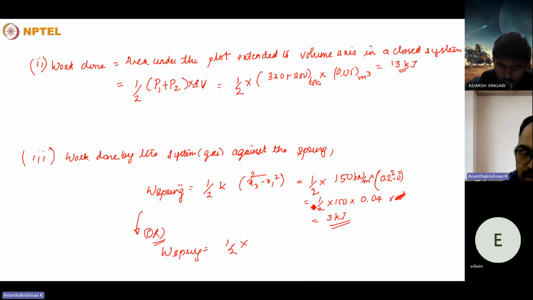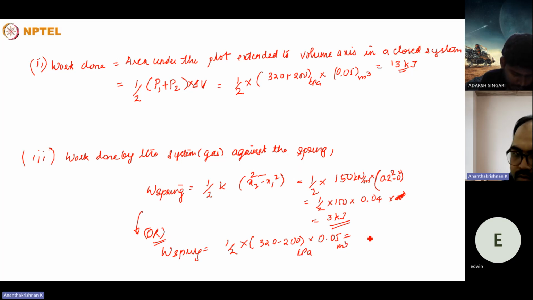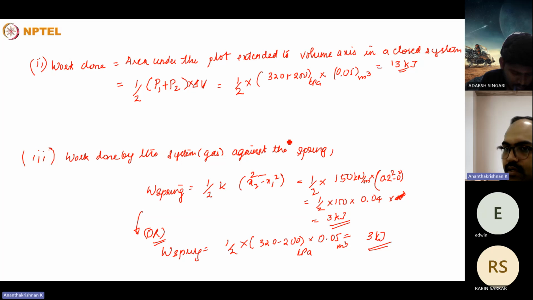So that will be equal to half into the pressure, 320 minus 200, multiplied by the change in volume, 0.05 meter cube, in kilopascal. So that will give you the same 3 kilojoules. So these are the two methods in which we can calculate the work done against the spring.